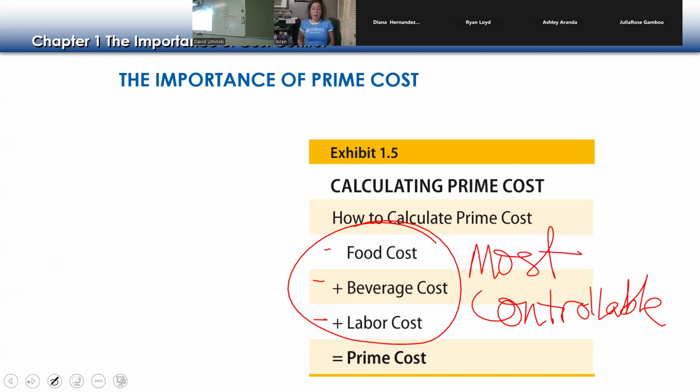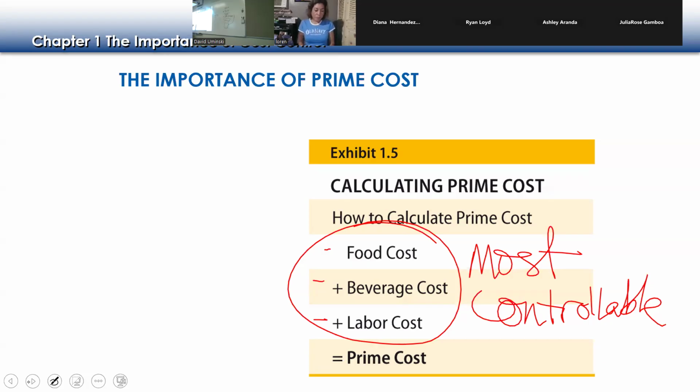I can determine how much food to buy. I can make sure that my employees are using FIFO and product is not spoiling. Okay. I can ensure that I send people home if it's not really busy. Okay. So that's our most controllable costs.